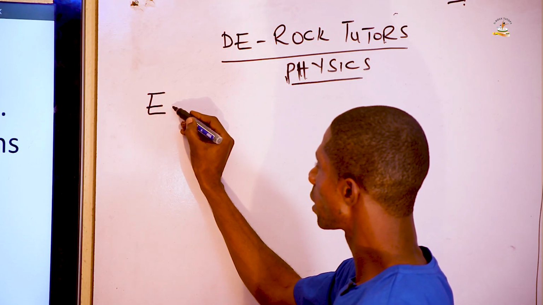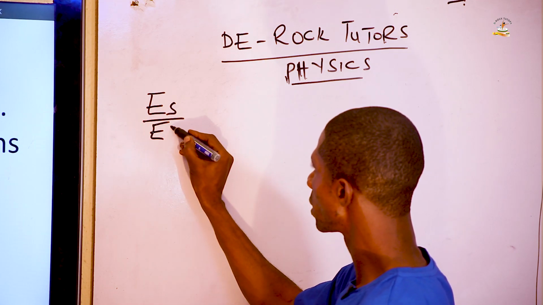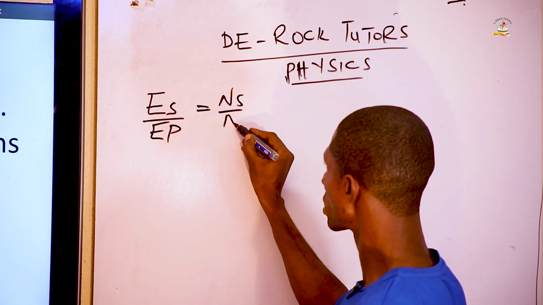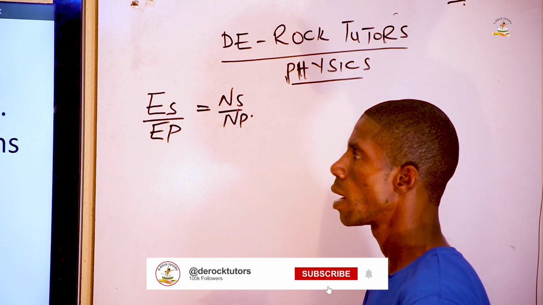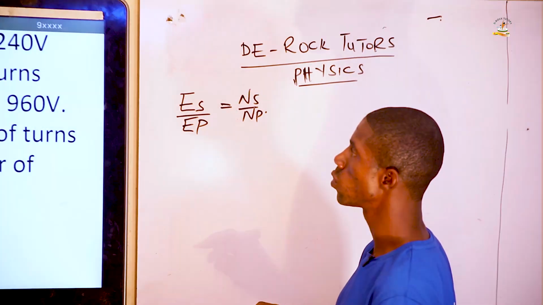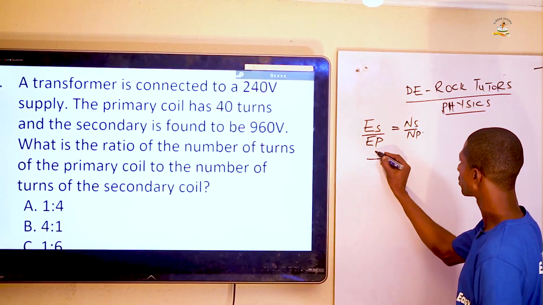Having the potential difference in the secondary over that in the primary will give the number of turns in the secondary to the number of turns in the primary. As the question specifies, the transformer is connected to a 240 volt supply, which gives us that of the primary.